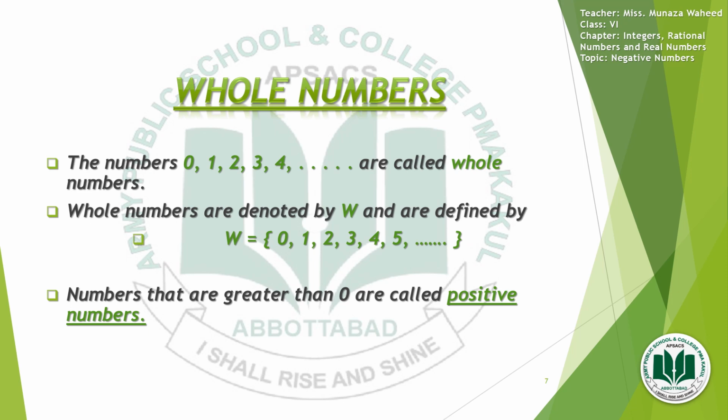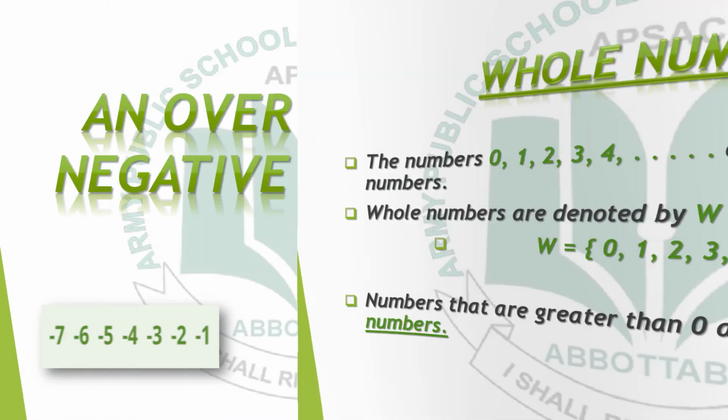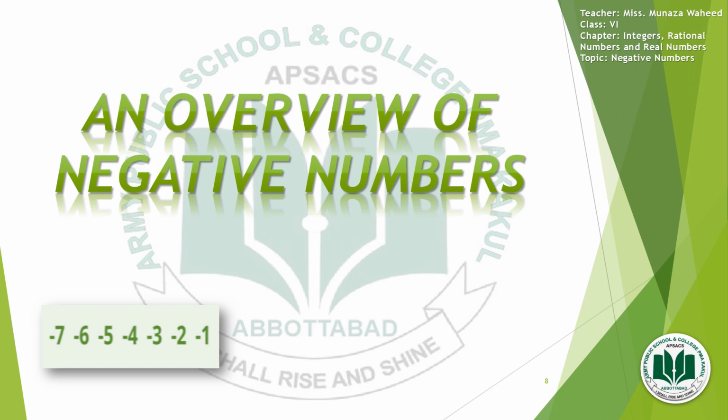An important thing is that the numbers which are greater than 0 are called positive numbers. We have numbers like 1, 2, 3, and so on so that we can count. We also know why we have a 0.